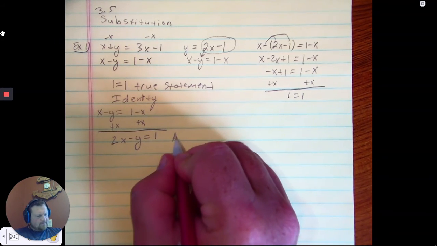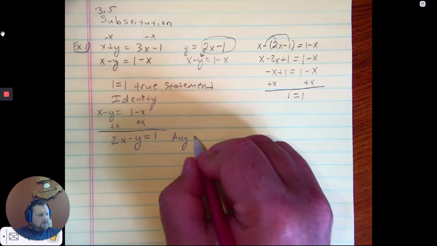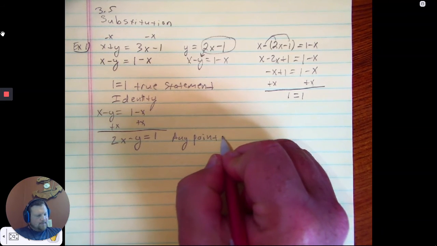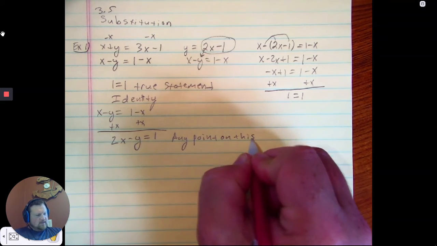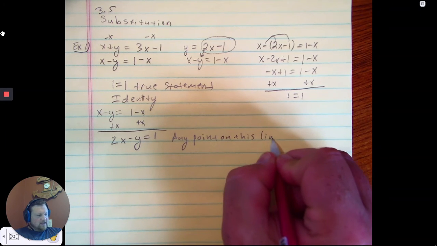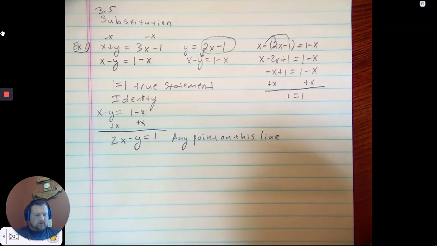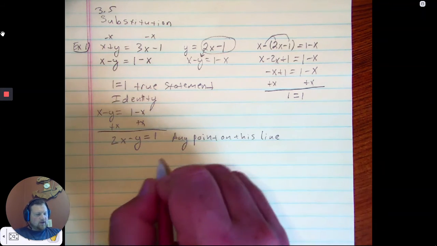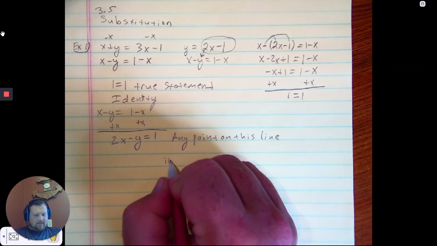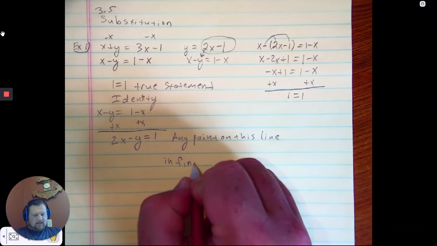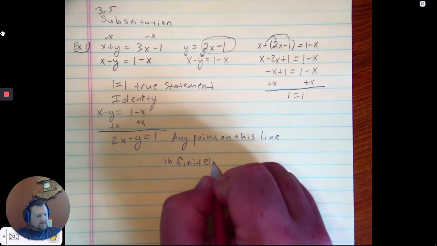So I'm just going to write that out for you. Any point on this line, or that is a solution to the equation, you can look at it either way, will work, which means that there are infinitely many solutions.